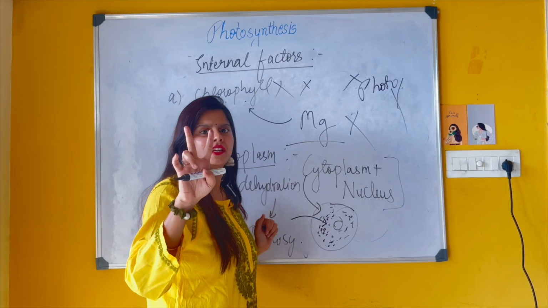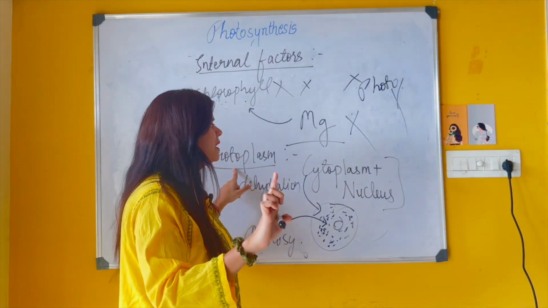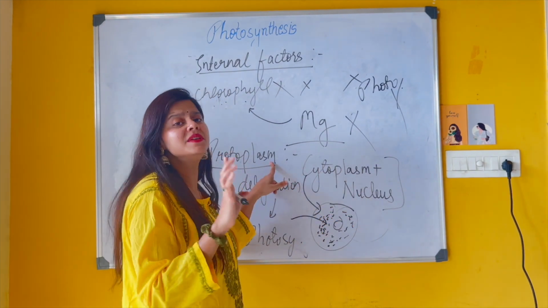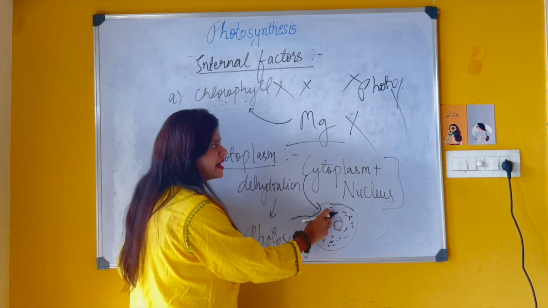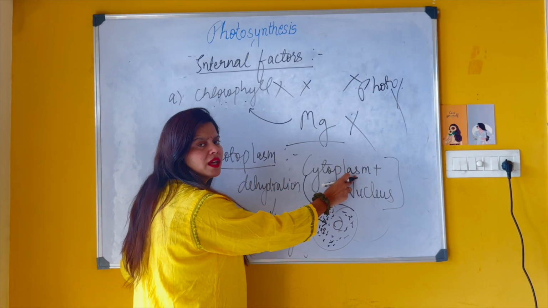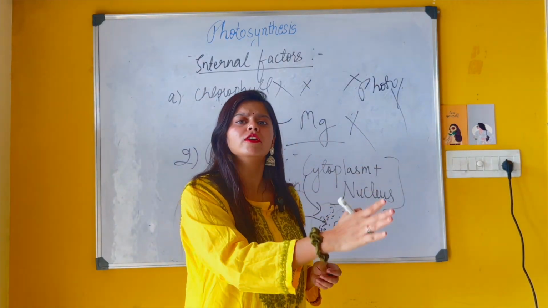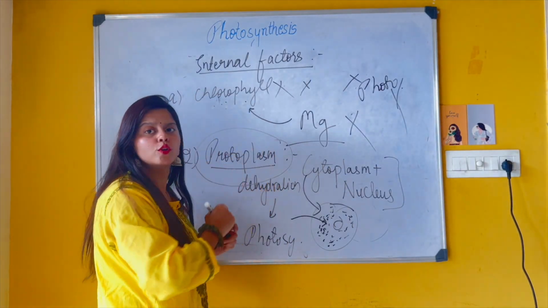So second internal factor, dehydration of protoplasm. What is protoplasm? Cytoplasm plus nucleus. If protoplasm is dehydrated, it will affect the structure of chloroplast, which is present in cytoplasm. If chloroplast is affected, it will affect rate of photosynthesis. So second internal factor is protoplasm.